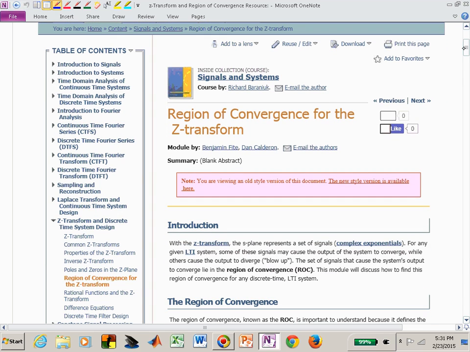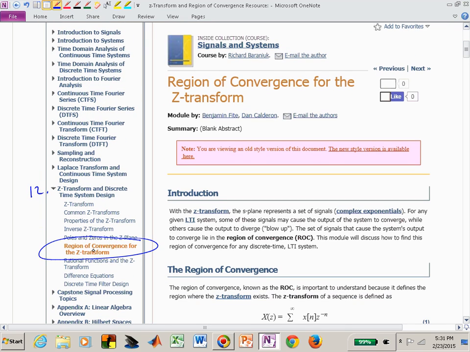But if you go down to chapter 12, or the 12th entry in the table of contents, it's dealing with Z-transforms. If you open that up, you will be able to find the 6th section of that chapter and read, if you want to, about the region of convergence and how it relates to the Z-transform and the inverse Z-transform if you want additional material.